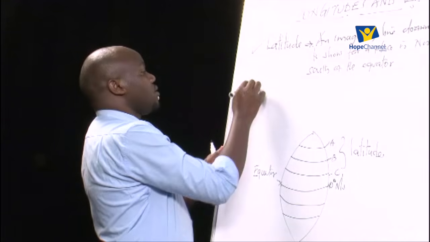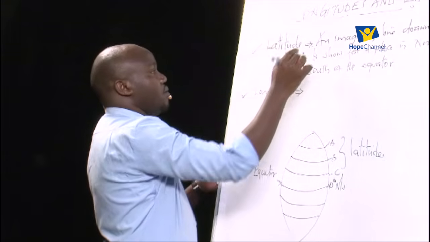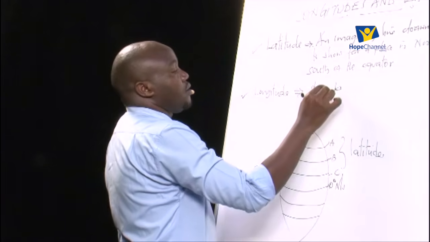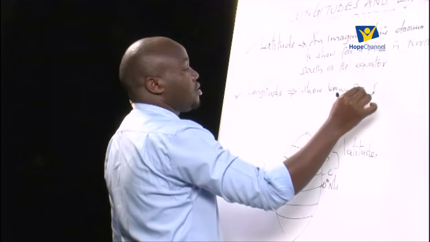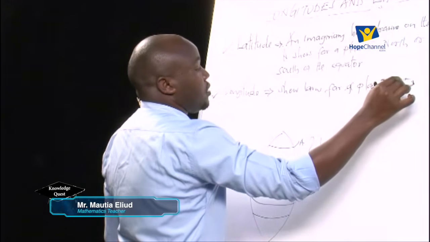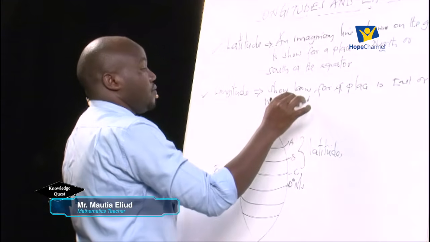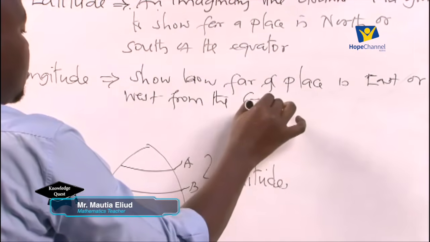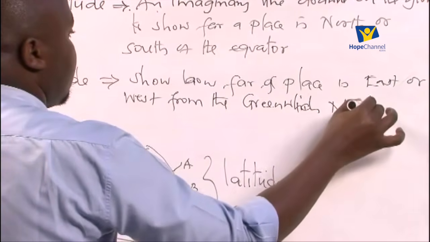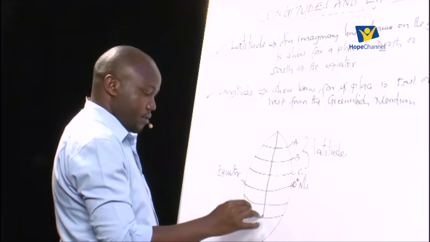What's a longitude? The same definition, but now they show how far a place is east or west from the Greenwich meridian. So this is my Greenwich meridian.